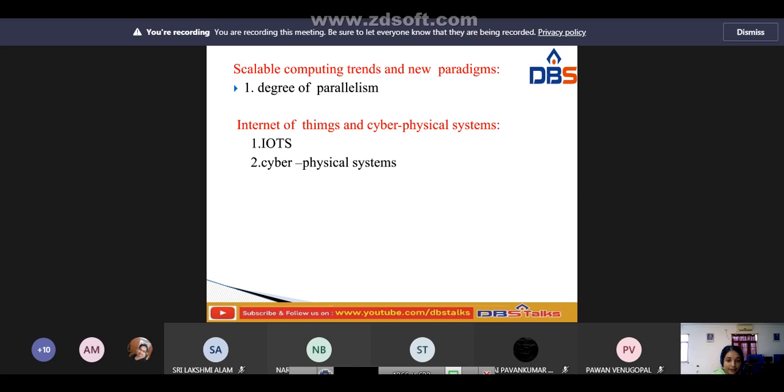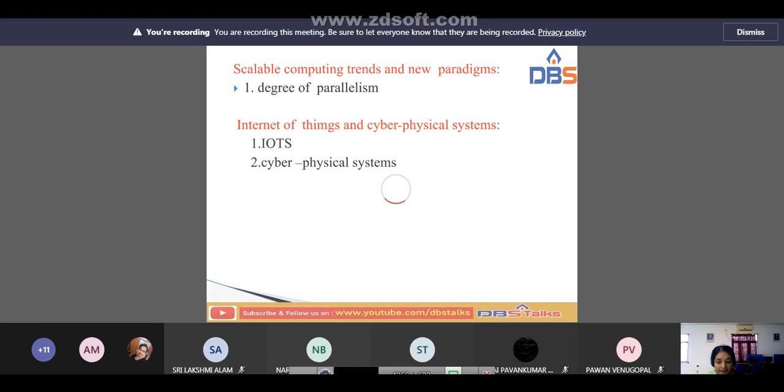Next, coming to Internet of Things and cyber physical systems. IoT means Internet of Things. In this we have two types of internet development trends: one is IoT, another is cyber physical systems. What is meant by IoT? The internet connects machines to machines or web pages to web pages. The concept of IoT was introduced in 1999 at MIT.